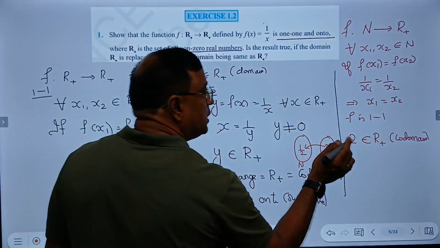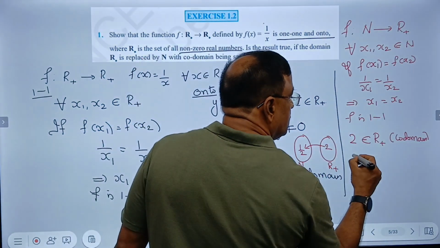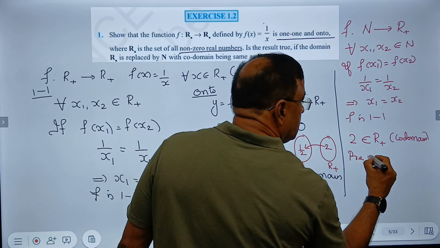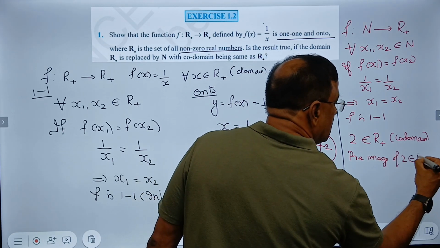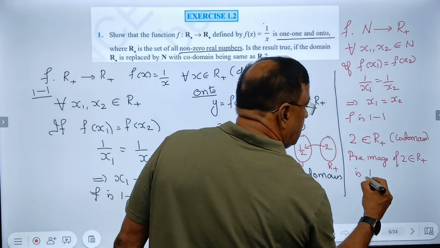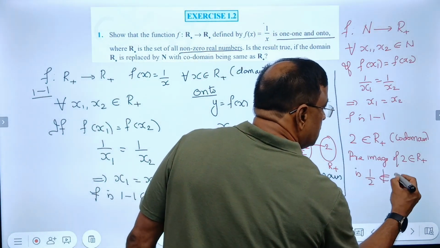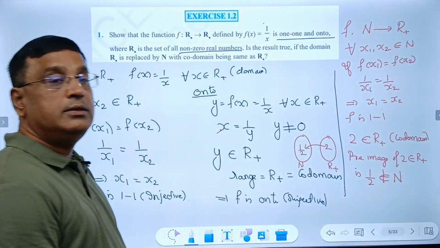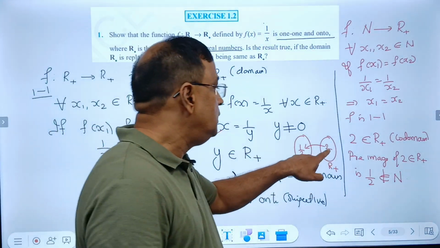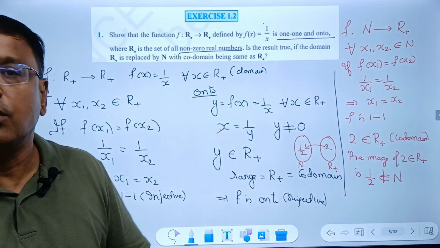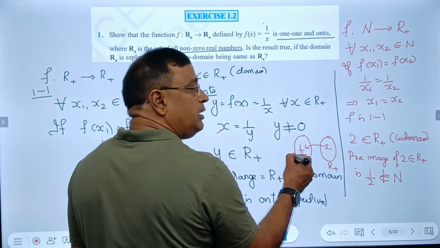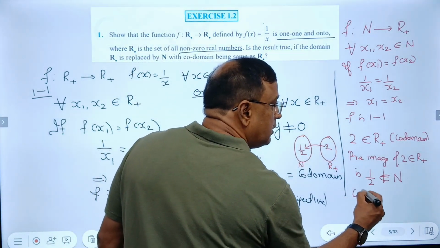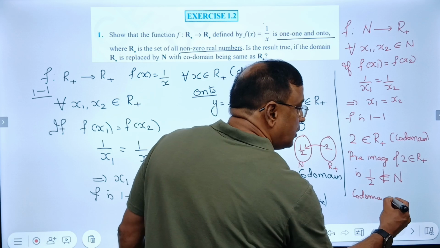I can say the pre-image of 2 belonging to R plus is 1 by 2, which does not belong to natural numbers. The pre-image of 2 is 1 by 2, which does not belong to natural numbers. Since 2 does not have a pre-image, my codomain is not equal to range.